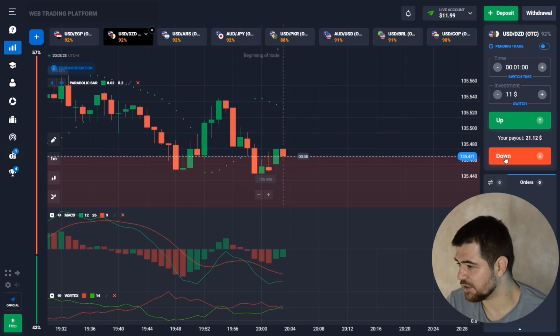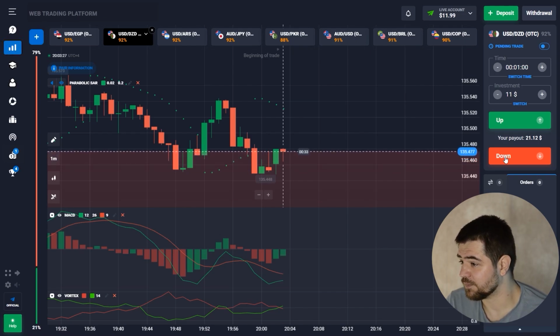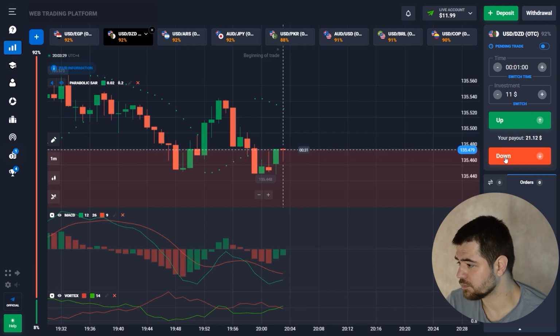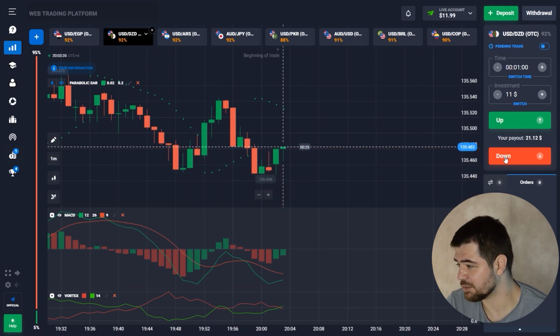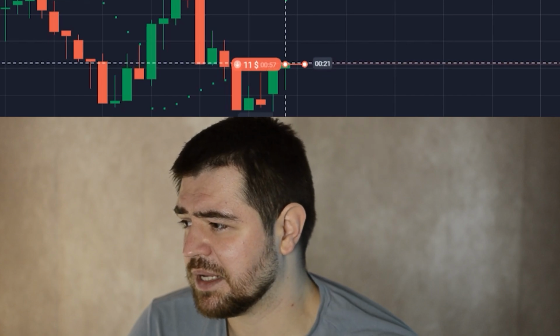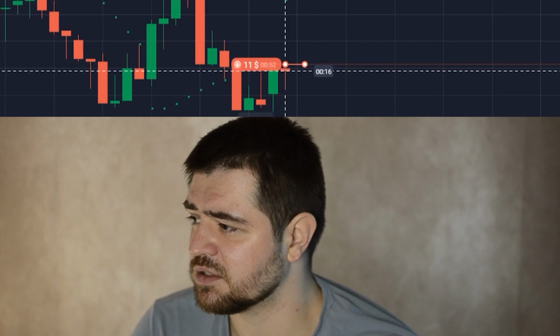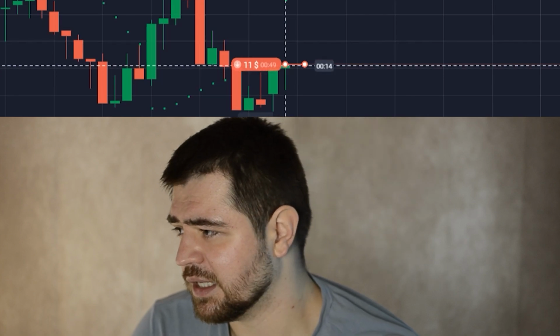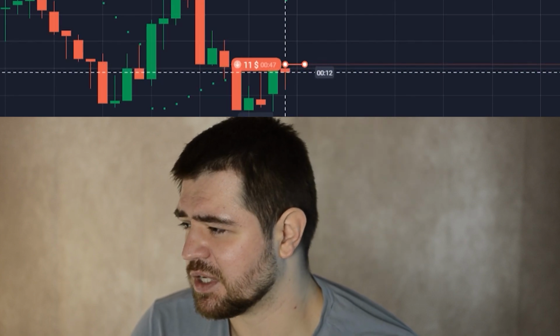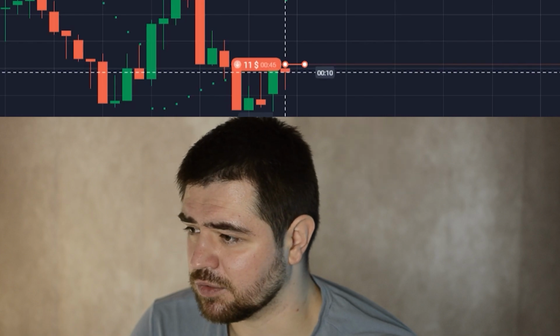So see here, for example, let's make the next option. We're going to go ahead and make a put option in this case. Just analyzing some of the indications here, we make a decision. To make that decision, you need to understand how the oscillators work, how the indicators work, and generally some patterns and the levels as well.